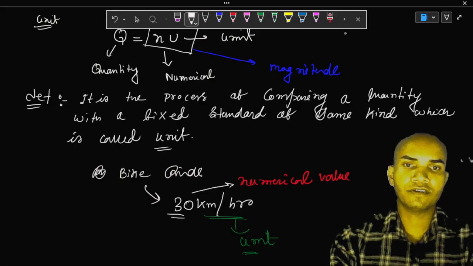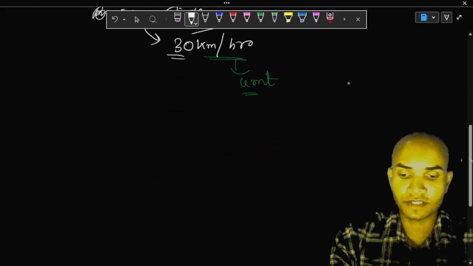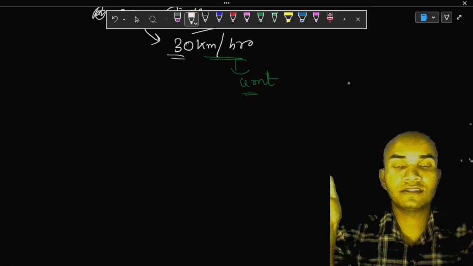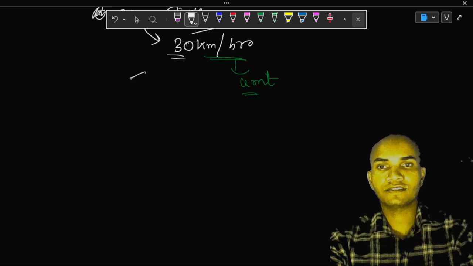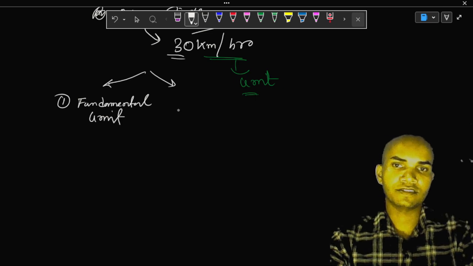Now come to the point of which types of units are present in the universal world. There are two types: first is fundamental unit, and second is derived unit.